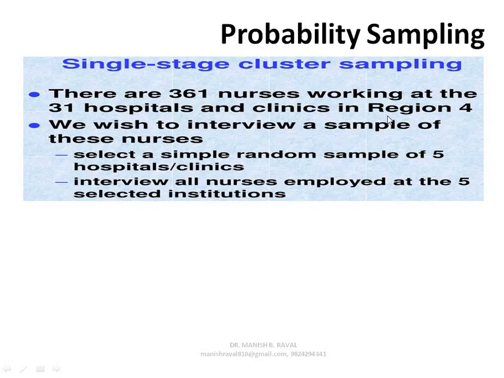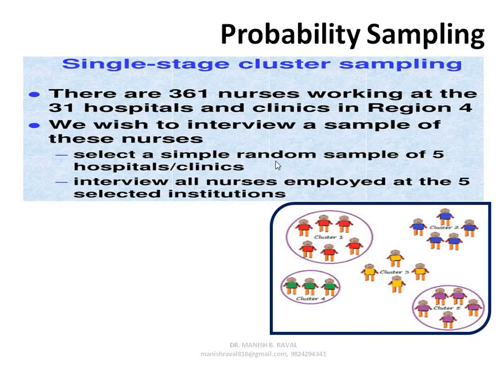We are making a survey of nurses working in region 4 in 31 hospitals. We wish to interview a sample of these nurses. Now in order to do the research work, we want to interview these nurses. Now how does this single stage cluster sampling work?